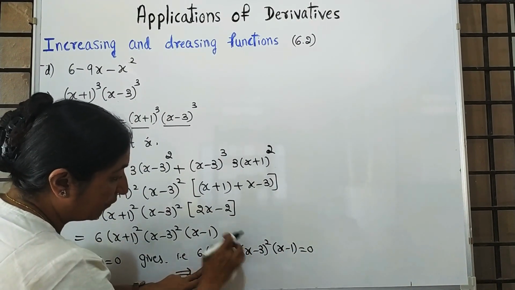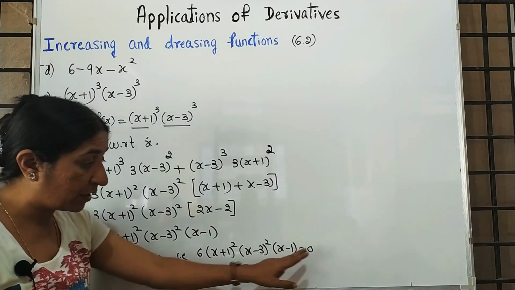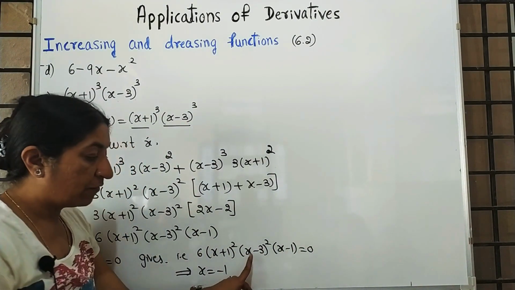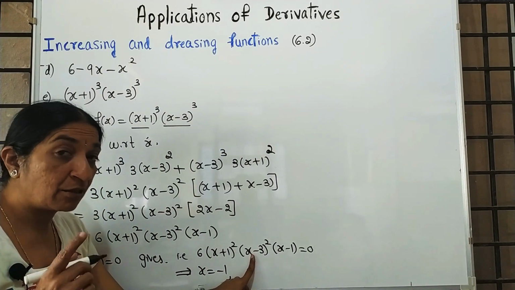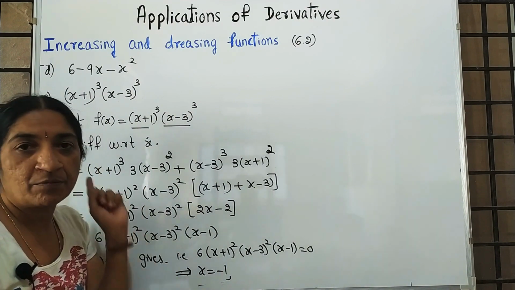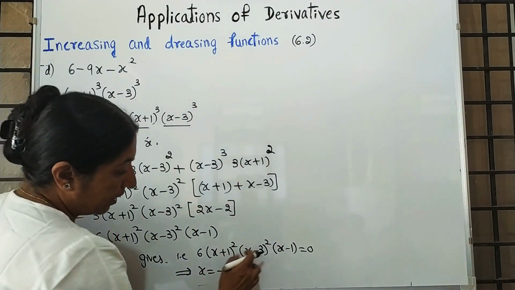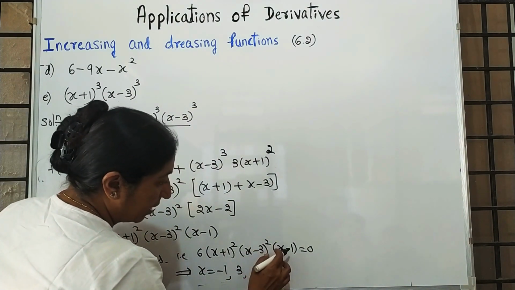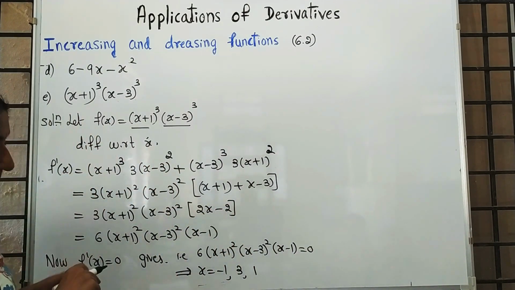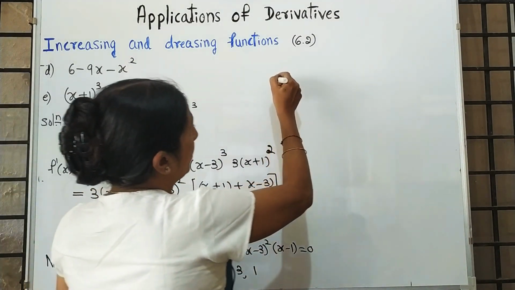When you equate the first bracket with 0, x is minus 1. When you equate the second bracket, x minus 3 whole square is equal to 0, taking the square root, x minus 3 is equal to 0. That means x is equal to 3. x minus 1 is equal to 0 gives x is equal to 1. Now mark this on the number line.